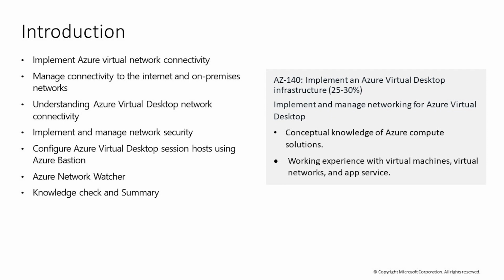So continuing with this, we talk about Azure Virtual Desktop network connectivity. We talk about network security. What exactly in network security? Maybe the firewall, maybe the gateway, maybe the Azure Firewall.